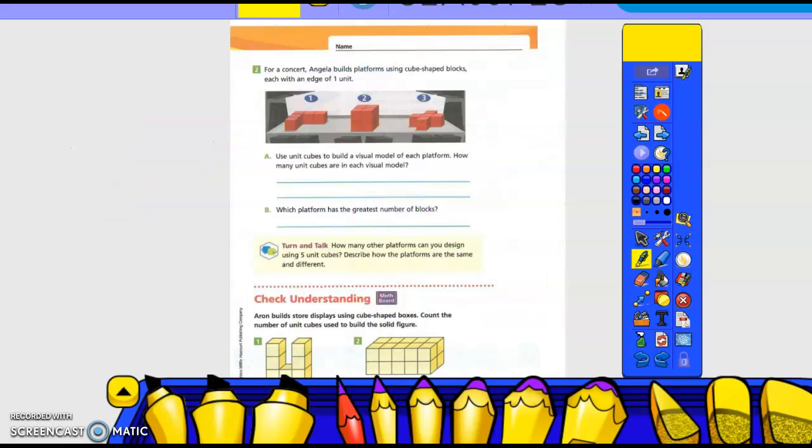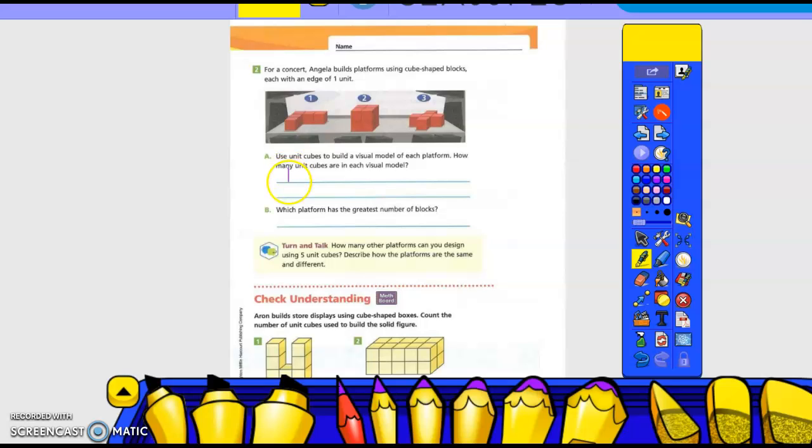For a concert, Angela builds platforms using cube-shaped blocks, each with an edge of 1 unit. Use unit cubes to build a visual model of each platform. How many unit cubes are in each visual model? So in number 1, how many does she have? 5.